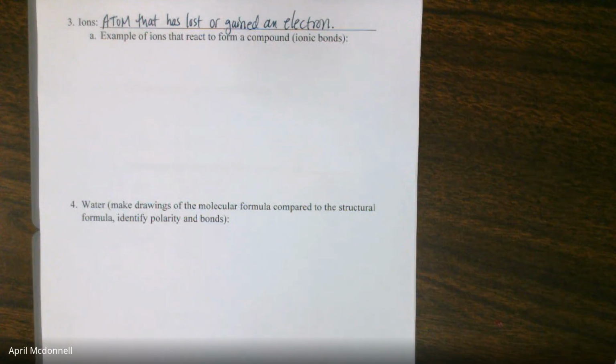Let's give an example of two atoms and show these atoms losing and gaining electrons, or what I like to call a transfer of electrons. In order to show how an ion is formed, I will need to draw two more atoms.